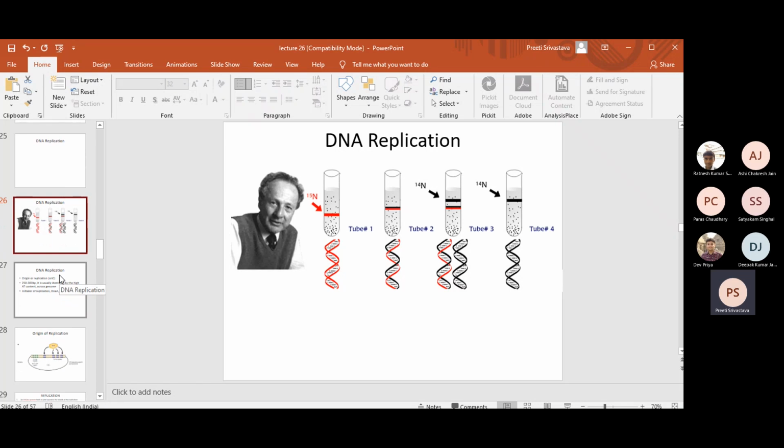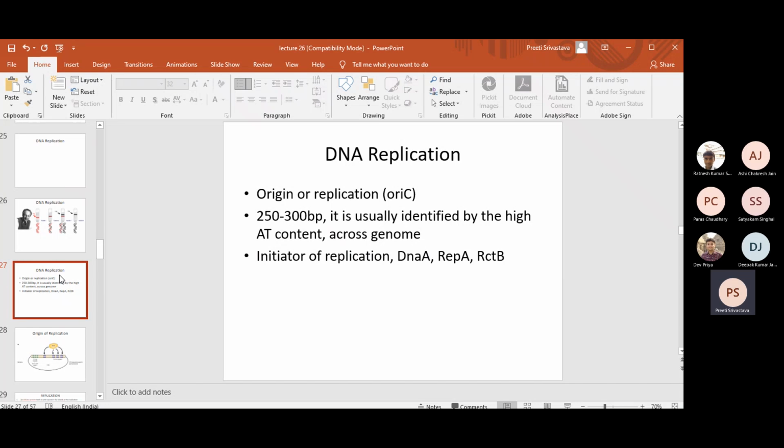Later on, Arthur Kornberg discovered several enzymes which are required for DNA replication. For example, polymerase was the first one to be discovered. For DNA replication, what we require is an origin of replication, which is called ORI-C.